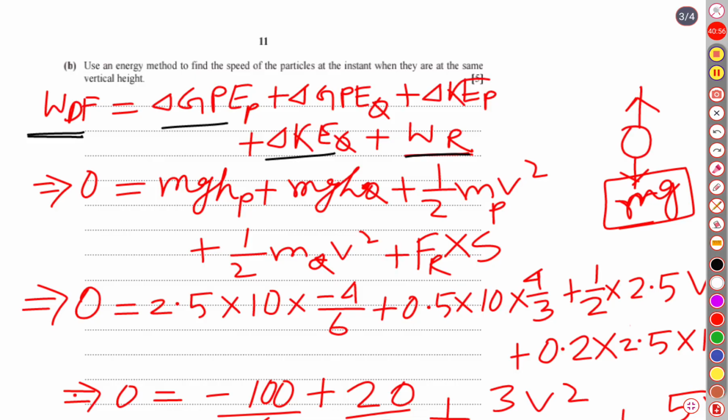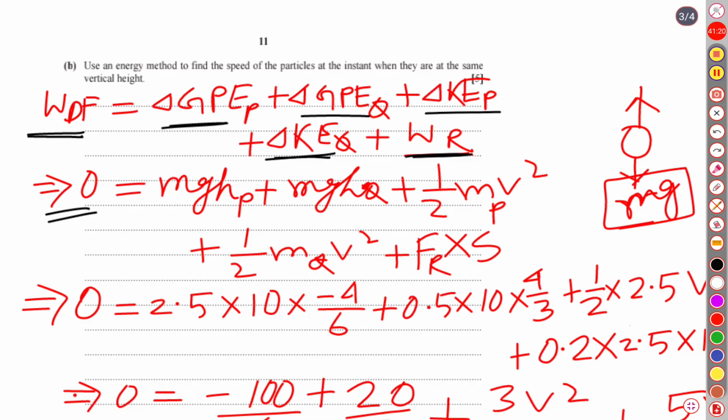As there is no applied driving force here, it is zero. And as there are two particles, I have written them individually; you can write them combined also. So first we have the change in GPE for P, then for Q, then kinetic energy for P as well as for Q, then the resistance force. All of them are all right.